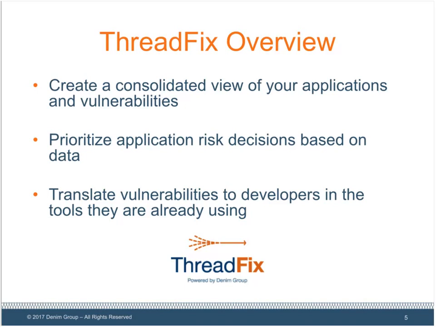And then ultimately what ThreadFix lets you do is translate these vulnerabilities that the security teams care about into the tools that software development teams are already using, so that those developers can get those vulnerabilities resolved faster. The goal is to save time for the people in your security program, to get more vulnerabilities fixed faster, and also to let you take a much more quantitative view of your application security program.